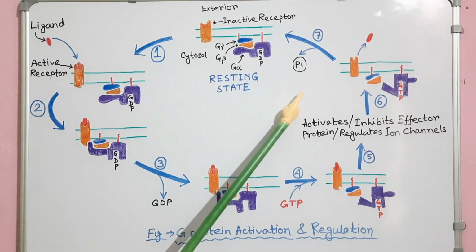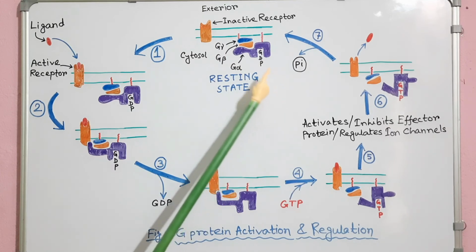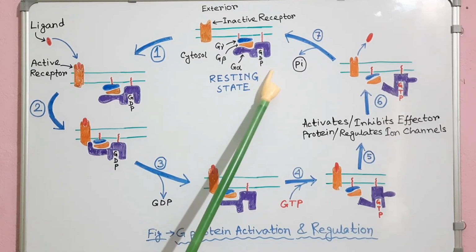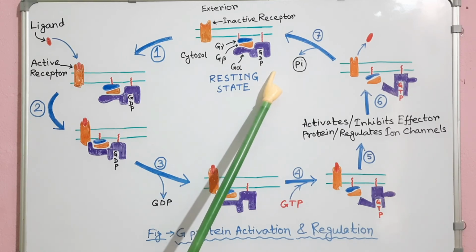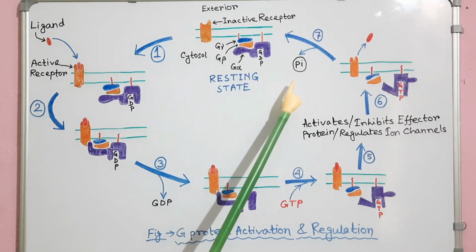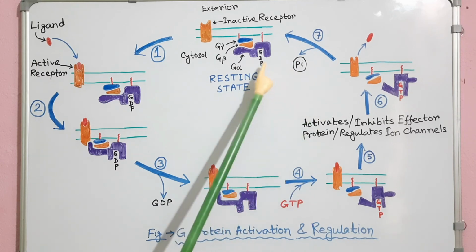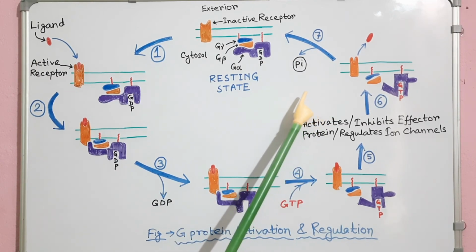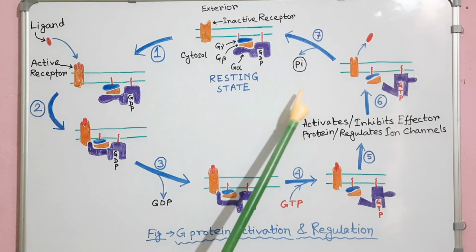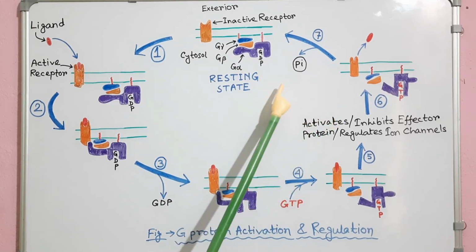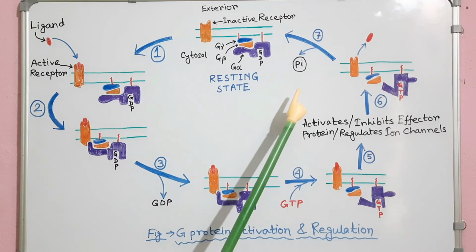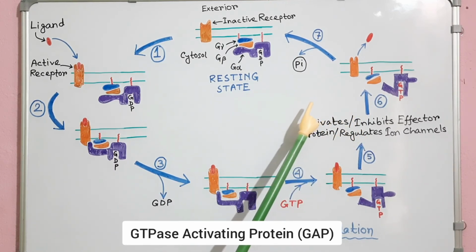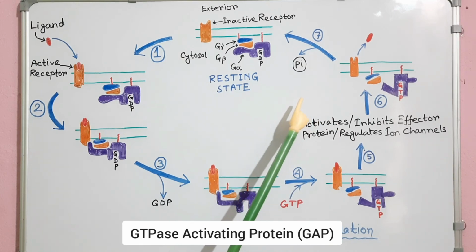The conformation of the G alpha then switches back to the inactive G alpha GDP state, blocking any further interaction with effector proteins. The rate of GTP hydrolysis is further enhanced by binding of the G alpha GTP complex to the effector. So here, the effector functions as a GTPase activating protein or GAP.